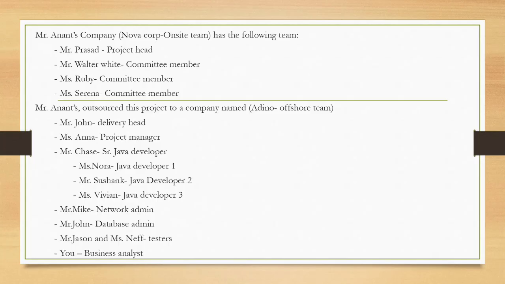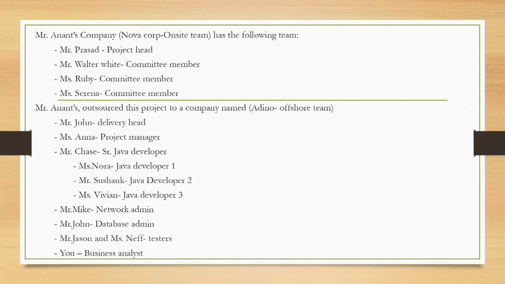And here comes Mr. Chase, who will be the senior Java developer. Miss Nora, Shashank, and Vivian, these three people will be junior Java developers. Okay. And then Mr. Mike will be the network admin, and Mr. John will be the database admin.